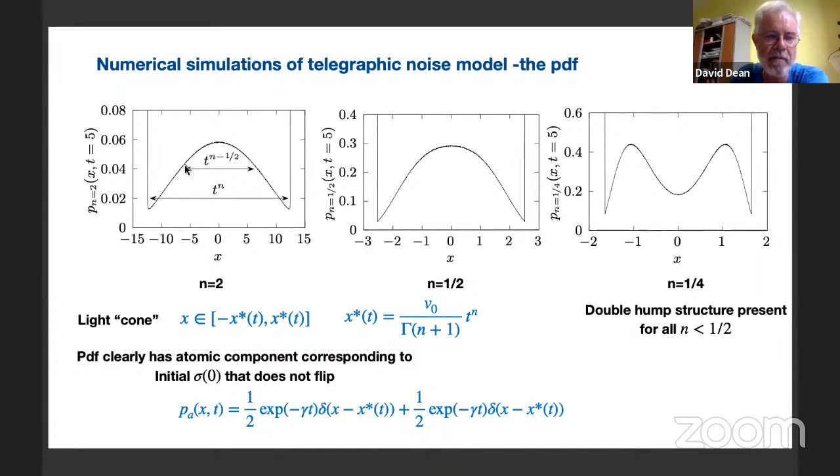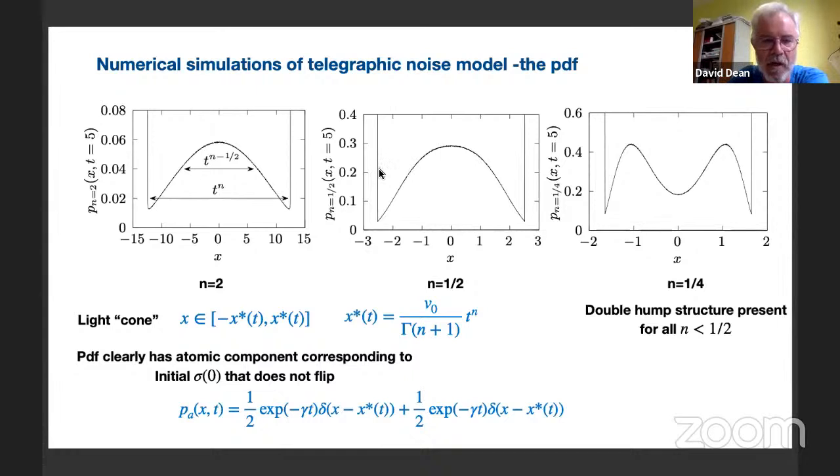You can see in this simulation that we have the variance growing like t to the n minus a half. But this is the extreme: these are the particles that really haven't flipped a lot, and they're growing like t to the power n. If you go to n equals a half, the structure changes slightly. This region will be growing very slowly, and this region will actually be saturated.